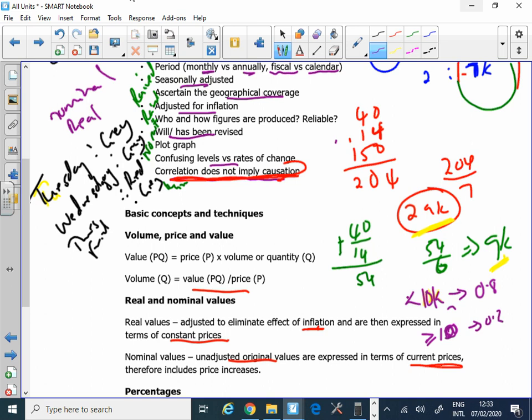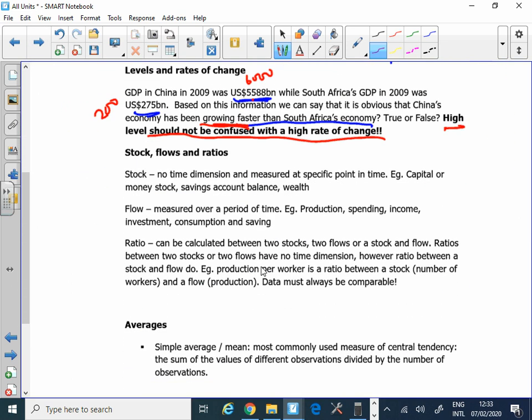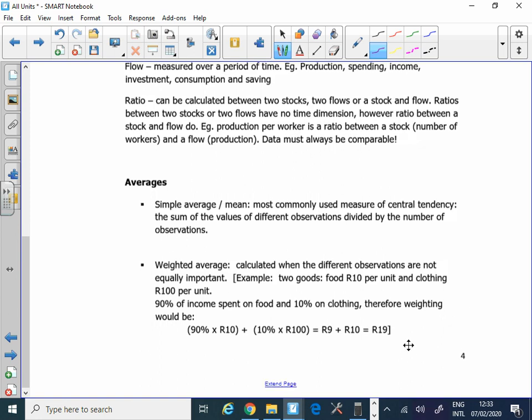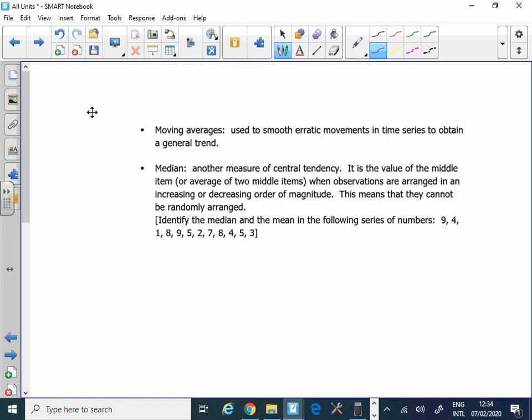So now we are going to be calculating a weighted average. We take that 10K multiplied by 80% in our case, plus the other part. You see the answer is going to be different.